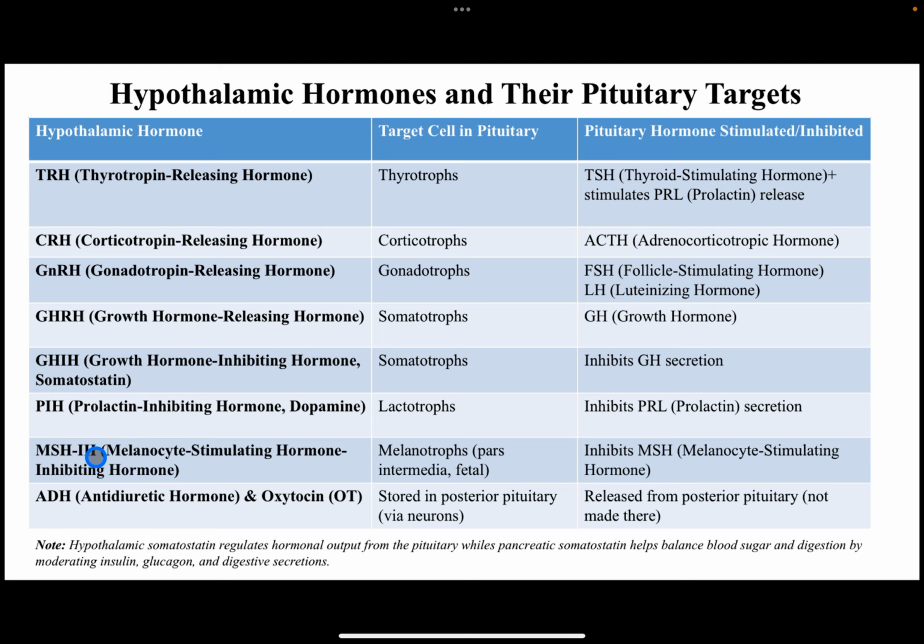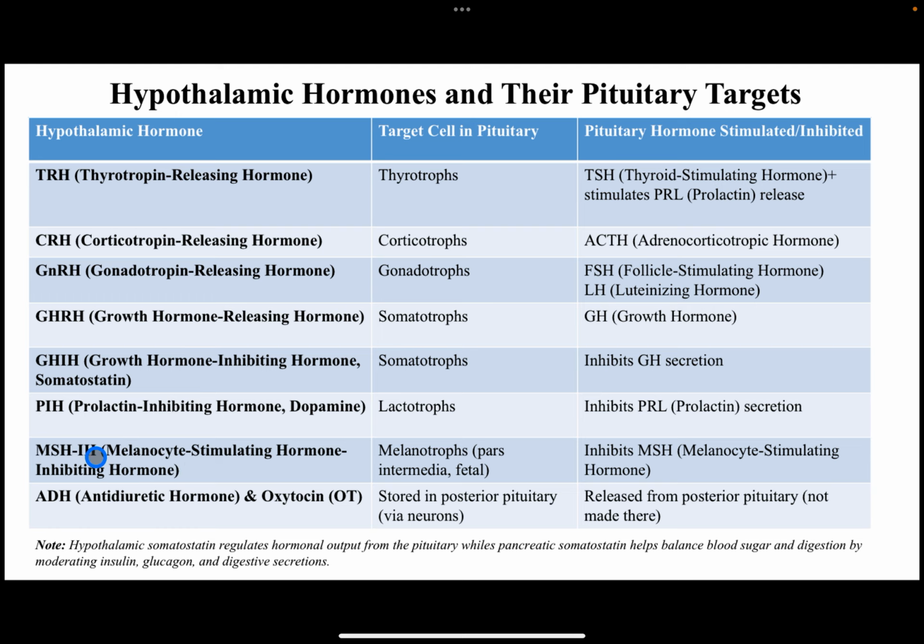Now note that the hypothalamic somatostatin actually regulates hormonal output from the pituitary, whilst the pancreatic somatostatin helps balance blood sugar and digestion by moderating insulin, glucagon, and digestive secretions. Now, this point is very important because when you start looking at the digestive system, you realize that we would also talk about somatostatin in the digestive system. Okay, but the somatostatin that we spoke about, the hypothalamic somatostatin, meaning the somatostatin produced by the hypothalamus, regulates hormonal output from the pituitary, whilst we have somatostatin that is produced by the pancreas.